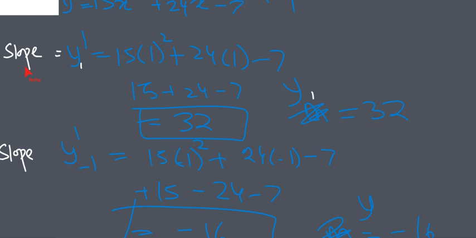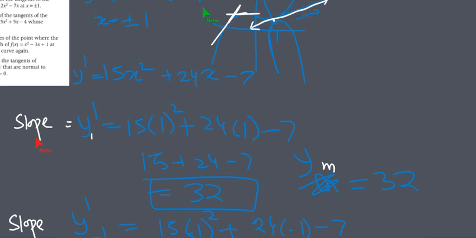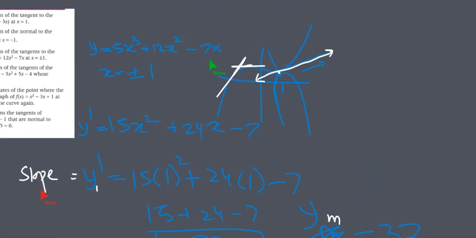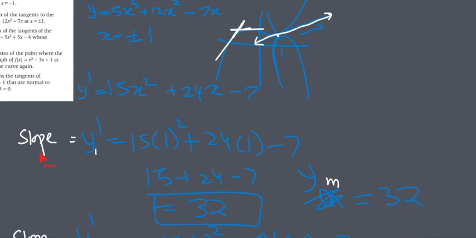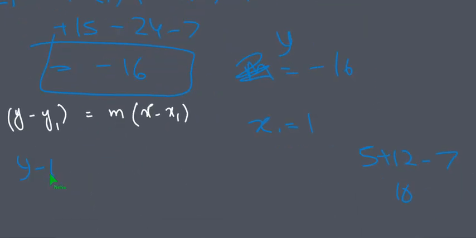It is m, Neha. This is not your parent function. This is a function that will give you the slope. The parent function is this one. Yeah, substitute x equals 1 in this. 5 plus 12 minus 7. 10. Right? So y1 is 10.